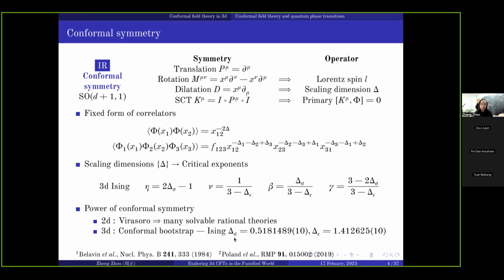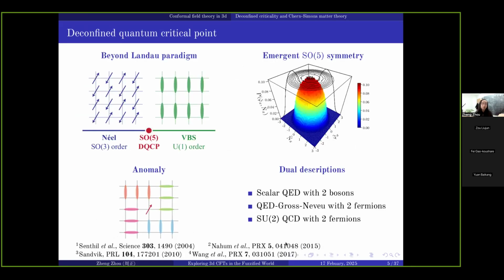For example, for the Ising model, it can determine the scaling dimensions up to 6 or 7 digits. So besides these well-studied theories, people are devoted to exploring new, more interesting theories.